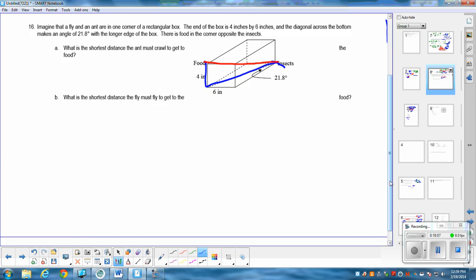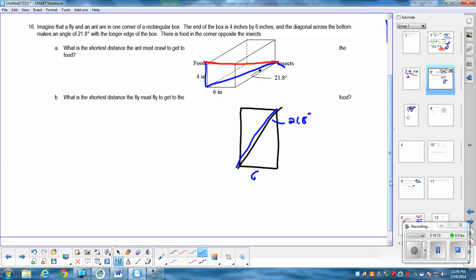We're going to start out by finding the ant's path. Let's first take a bird's eye view of the bottom of this rectangle. The diagonal of this bottom rectangle is the same as the first path that the ant has to travel. We know that this angle here is 21.8 degrees.